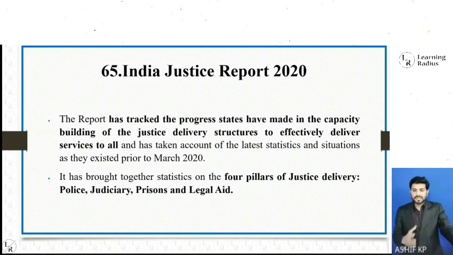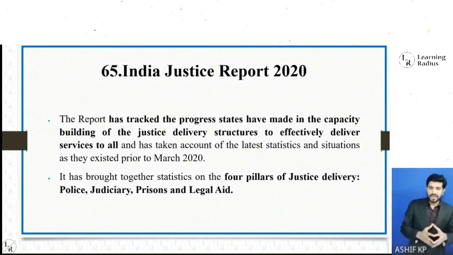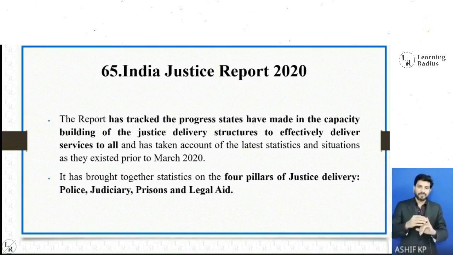It has brought statistics on the 4 pillars of justice delivery: police, judiciary, prisons, and legal aid. So, India Justice Report 2020, when you look, it has brought together statistics on the 4 pillars of justice delivery, and the 4 pillars are police, judiciary, prison, and legal aid.